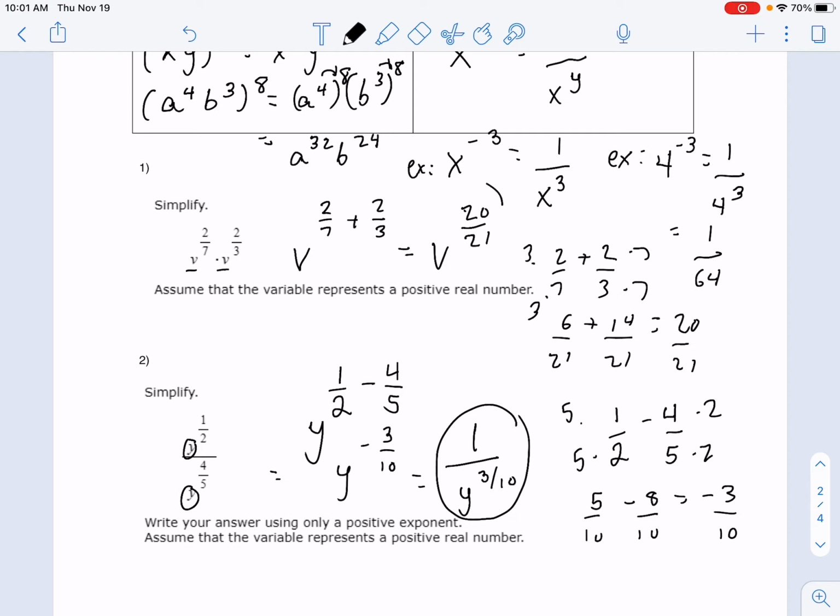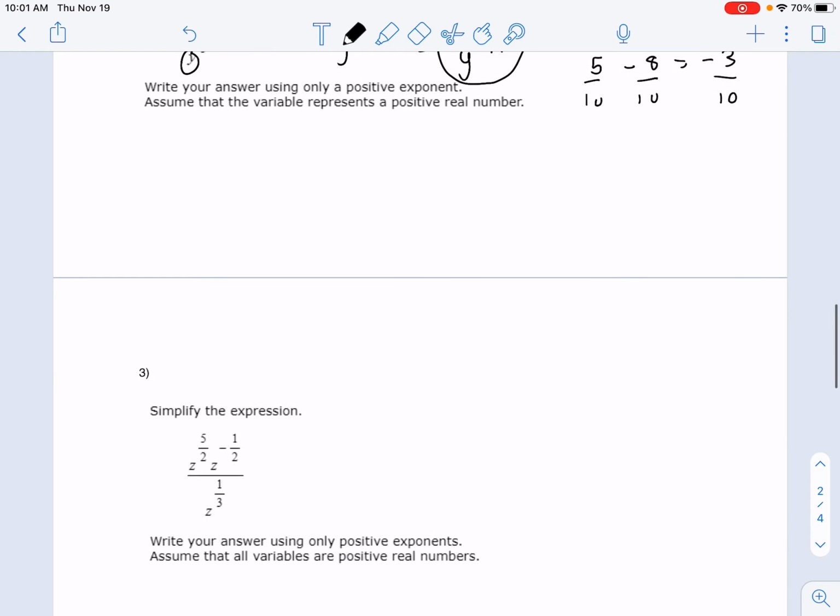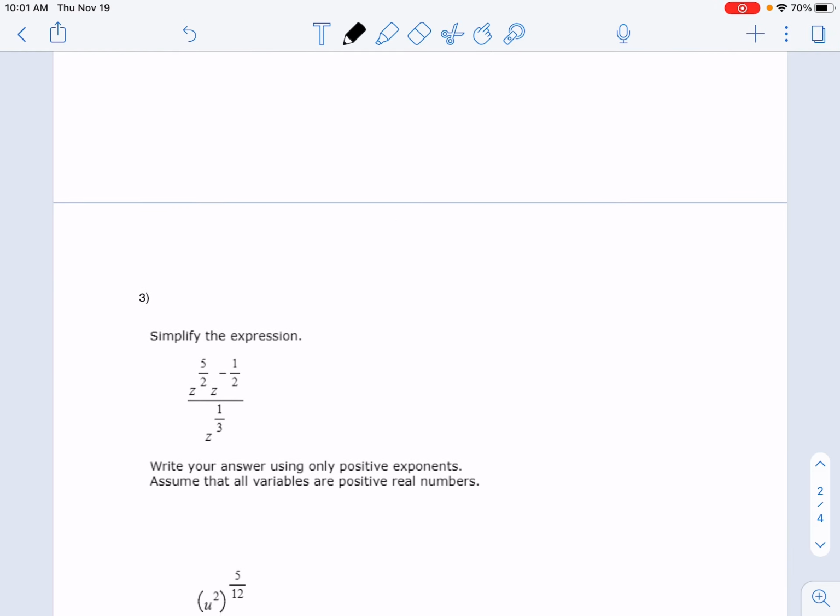Okay, number 3. We're going to need to simplify the numerator using our product rule, and then we'll simplify the whole thing using the quotient rule.